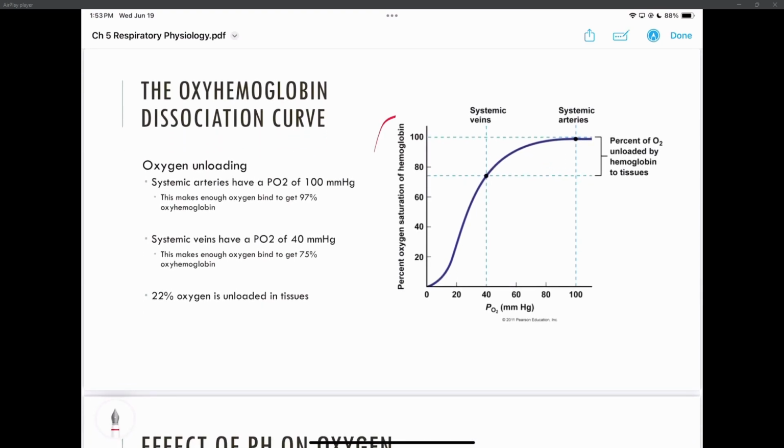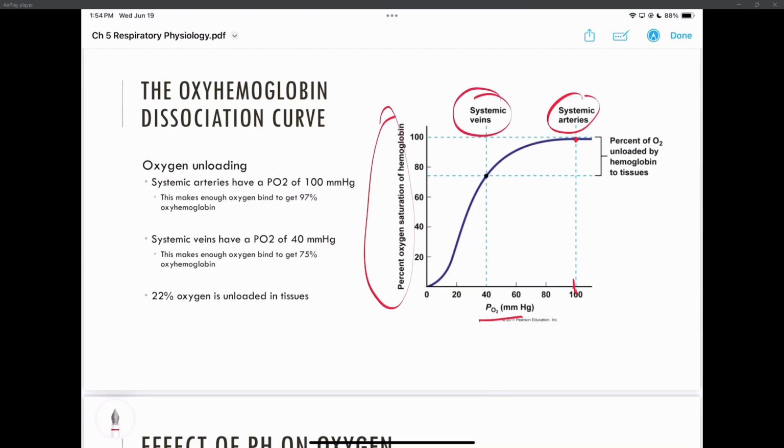We have on the y-axis percent oxygen saturation of hemoglobin. So we know 97% is normal. And on the bottom we have our PO2 in millimeters of mercury. In our systemic arteries, it's about 100. We're close to it, so we're about 100% saturated at 97%, and we're good.